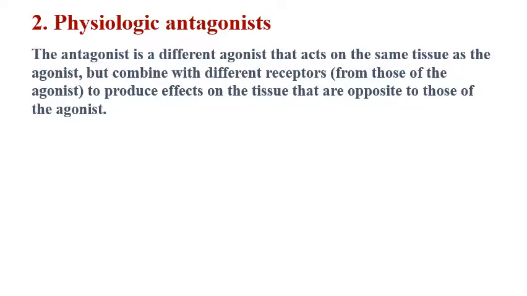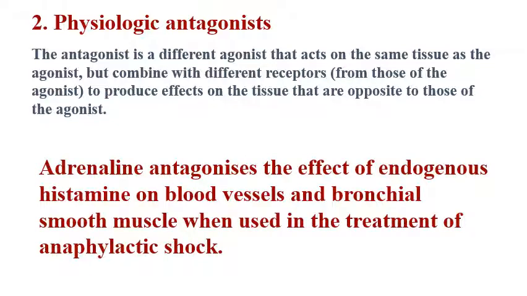In simple words, for physiological antagonists, both of them are agonists. So they are different agonists, but the effects produced by these agonists are opposite to each other. An example of this is that adrenaline antagonizes the effect of endogenous histamine on blood vessels and bronchial smooth muscles when used in the treatment of anaphylactic shock.